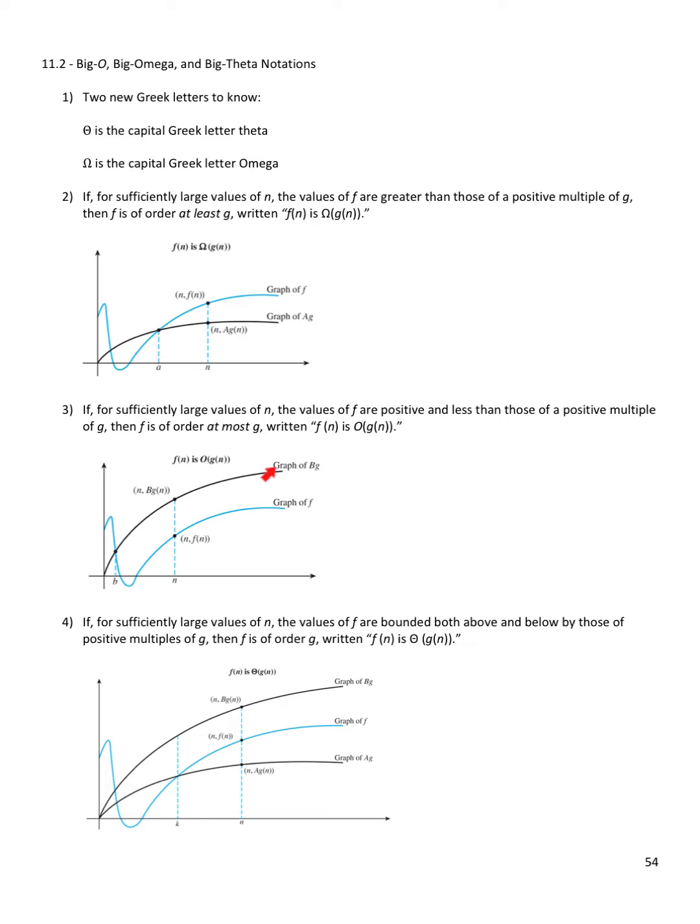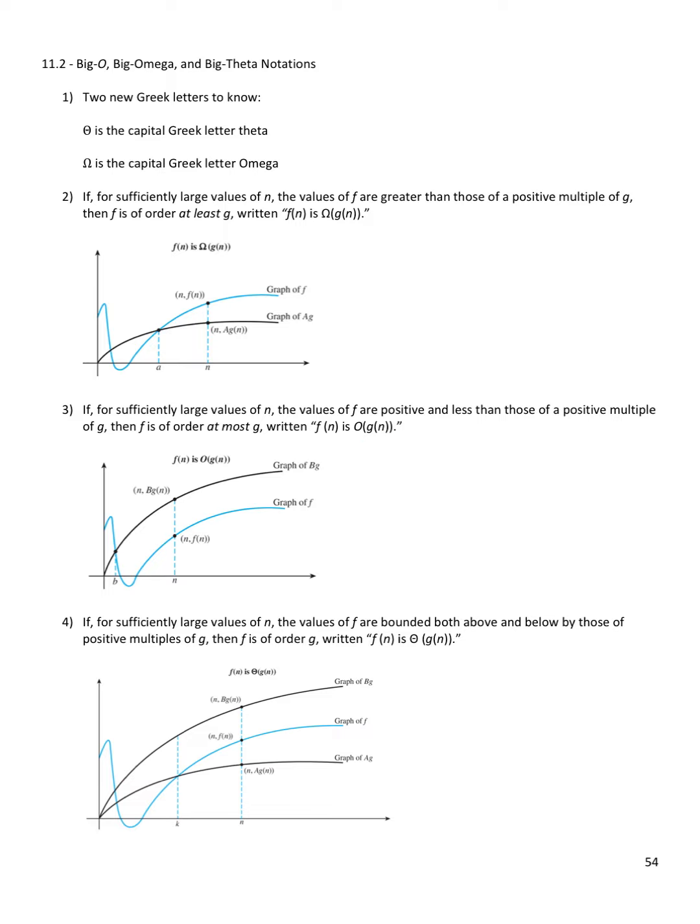Here I've got my multiple of g, and my f values are all below it. Okay. In that case, we say f is of order at most g, and we write f is big O of g. Okay, so this one is f is big omega of g. I forgot to say the big because it's capital. F is big omega of g, and here we say f is big O of g.